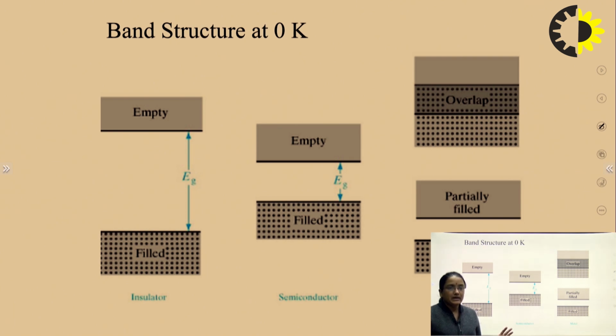In the case of semiconductors, it is comparatively small as compared to the insulators, at most a value of 1.2 electron volt. Finally, for the insulators, it is more than 6 electron volts. So, this is the band structure, or energy band diagram, for the three categories of materials: metals, semiconductors and finally insulators.